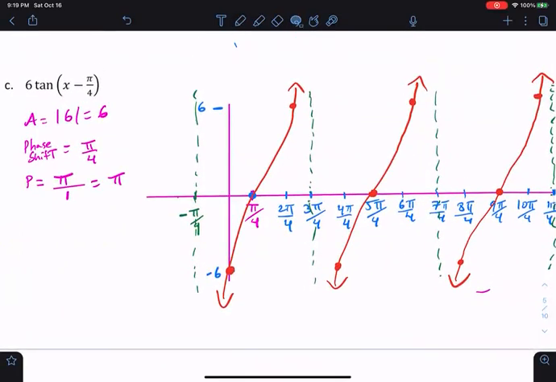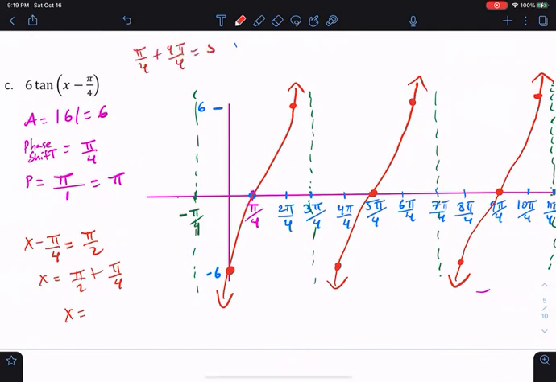So if you want to find out the asymptotes, you set x minus pi over 4 equals pi over 2. So we solve for that. This is pi over 2 plus pi over 4. Remember, one period is from pi over 4 to pi over 4 plus 4 pi over 4. So 5 pi over 4 is one period, right? So from here to here, that's one period.